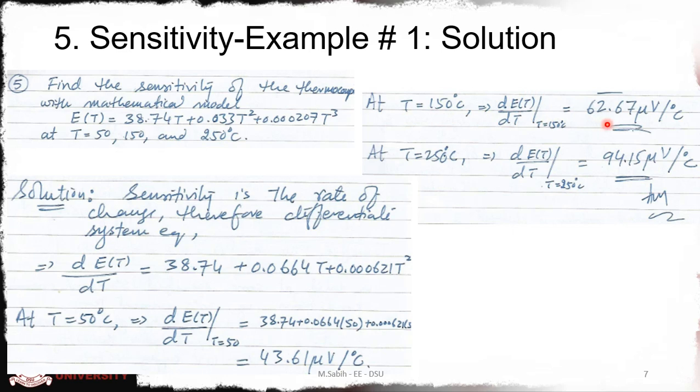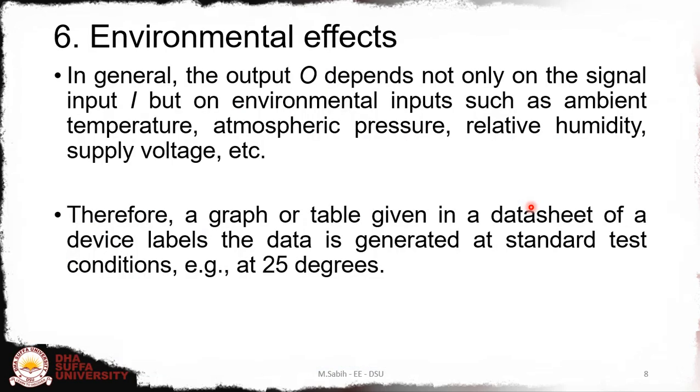We arrive at 62.767 microvolts per degree centigrade, and at 250 degrees centigrade the sensitivity is calculated as 94.15 microvolts. Notice how the sensitivity changed from 43.61 microvolts per degree centigrade to 94.15 microvolts per degree centigrade. This is how a nonlinear element changes its sensitivity.